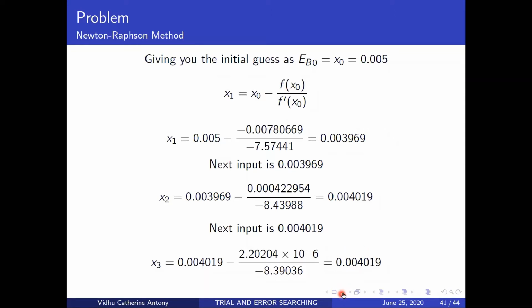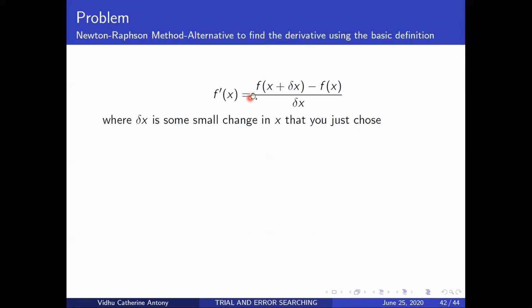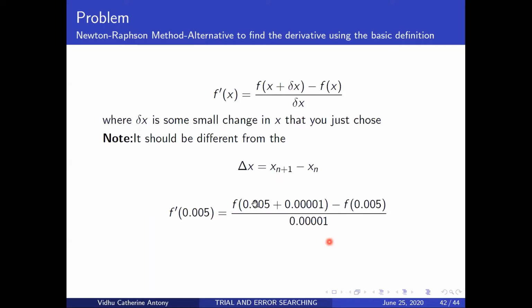So the trick that I'm going to teach you is this. Your f prime of x is equal to f of x naught plus delta x minus f of x naught, divided by delta x, to compute the derivative. I take some random value for delta x. It's a very small value, and the smaller I make this value, the better the derivative is going to become.